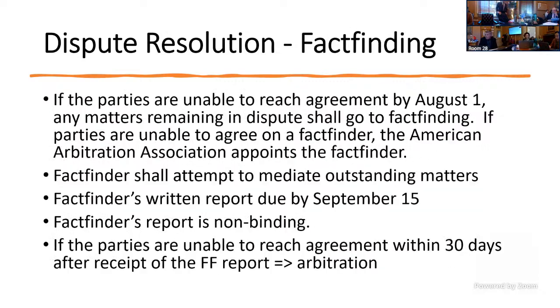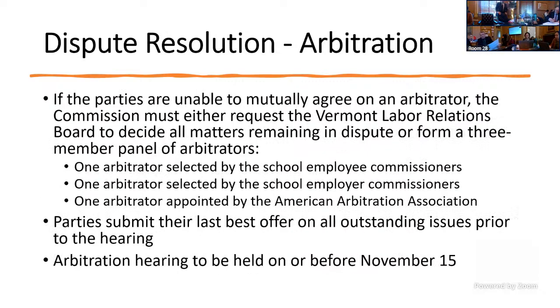Yes. Who picks the arbitrator and the fact finder? So the fact finder, the parties can choose the fact finder. They themselves can agree. And if they can't agree, then they go to the American Arbitration Association. And then again, if the parties can't agree on an arbitrator, so they could agree to have a single arbitrator.